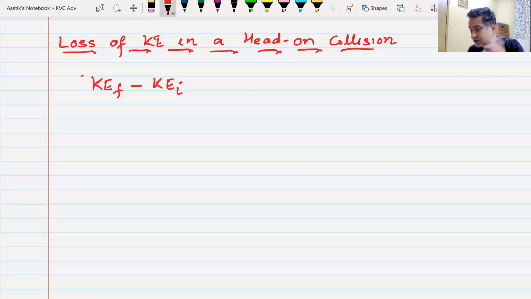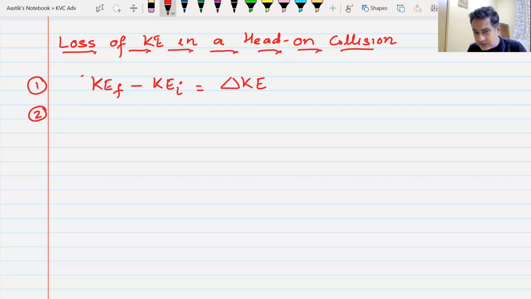Right now, this change in kinetic energy can be found out from this formula. So in any case, if you have to find the loss in kinetic energy, you can obviously use formula number 1: find the total final kinetic energy, find the total initial kinetic energy, and subtract the two. But yes, we can also put the values of everything in terms of m1, m2, and so on.